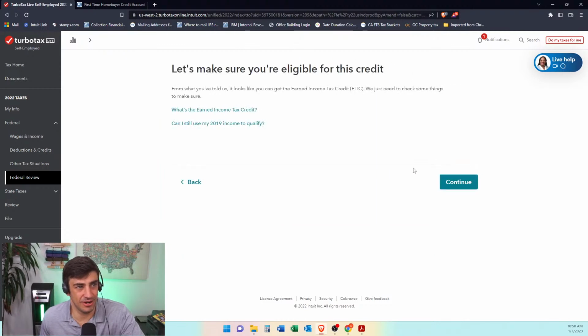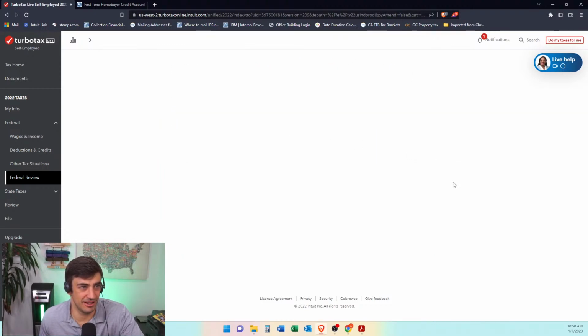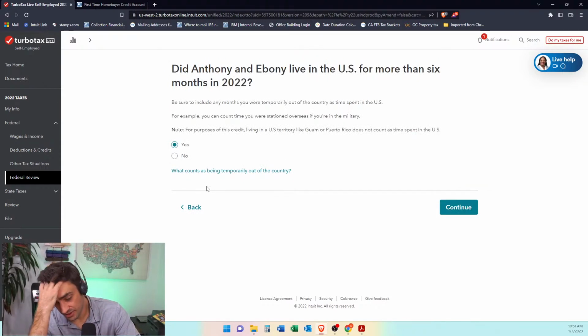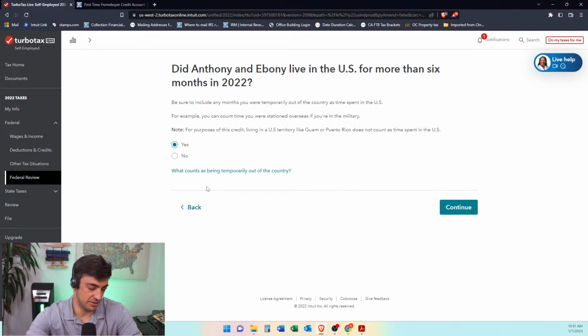Earned income credit. What is the earned income credit? Essentially, it's like the government giving you some money because you did work, but you made under a certain income. And there's this massive table on the breakdown of how much you get depending upon your filing status, how many dependents you have, and your income.